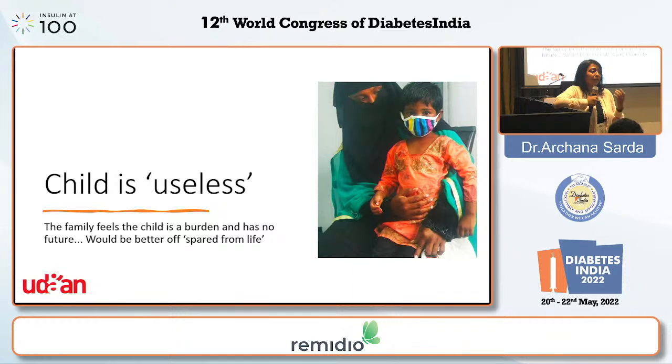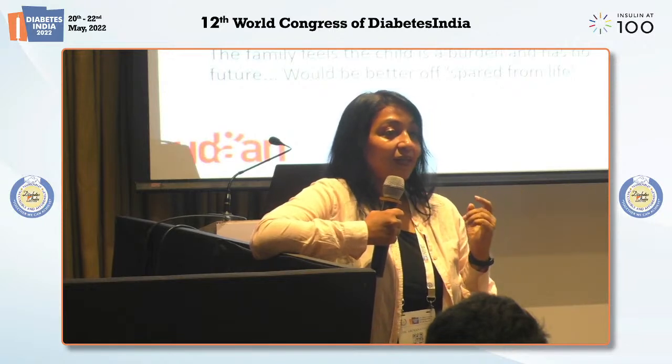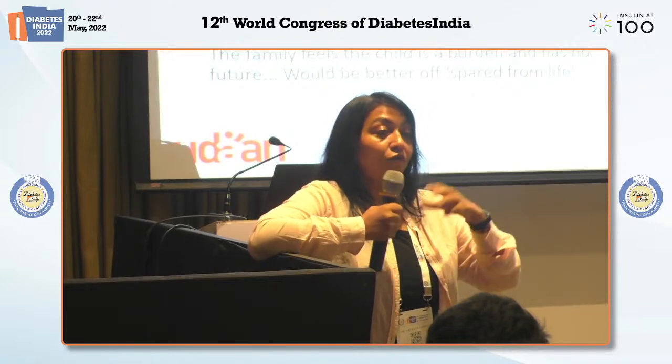And I have parents who tell me, so it takes me 2 years to convince them to take care of your child. I offer them saris and clothes and food and free travel and things, and let your child live. But within 6 months to 1 year, when they meet other peer groups and they see role models, then it changes. Then we don't have to do anything. It's just an investment of the first 6 months because it's a new idea. Please understand, the whole world has fallen for them.